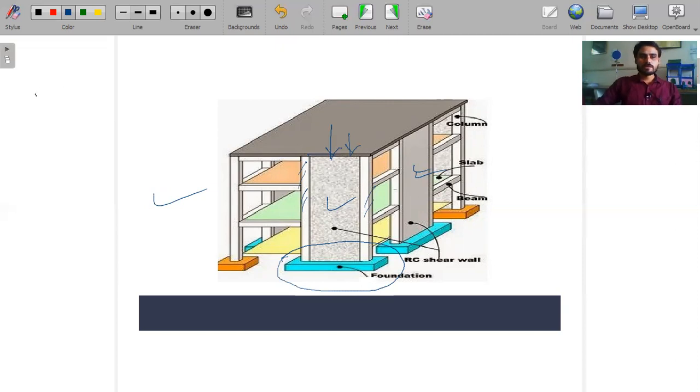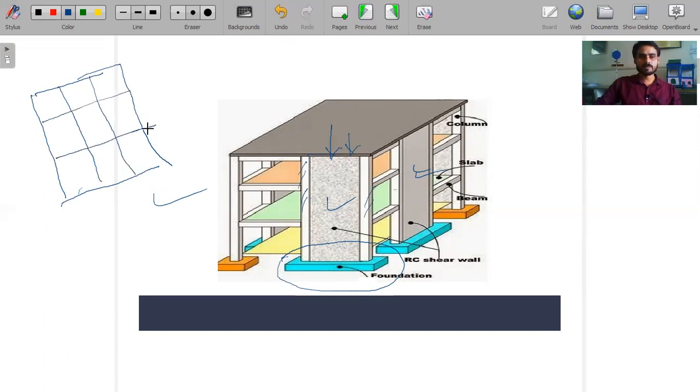The exact location of the shear wall is decided by the designer. The designer will recommend the position of shear walls. Here we have a plan of a multi-story building, for example. The exact location for the shear wall depends on the area where we are constructing our structure, the magnitude of load, and the magnitude of earthquake that generally occurs in that area.